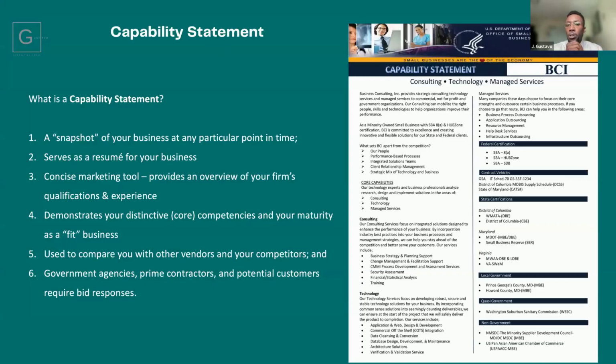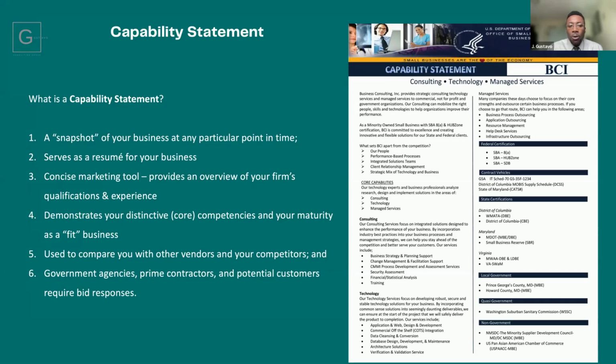So moving on to the very next slide. Earlier, I had mentioned something about having a capability statement. When you think about your capability statement, you want to think about it in these terms. Essentially, it is a snapshot of your business at any particular point in time. If that sounds very much like an executive summary for a business plan, it serves as a resume for your business.